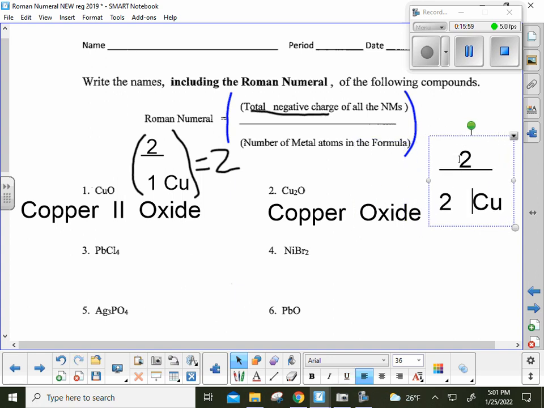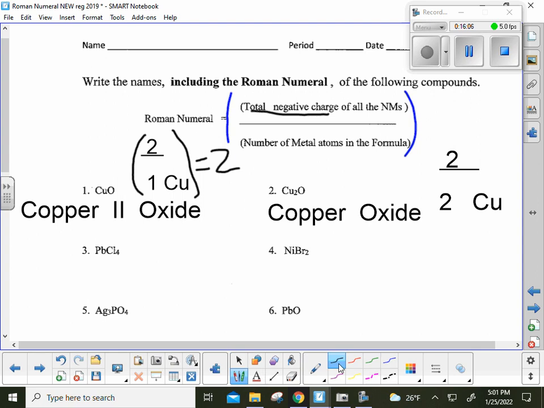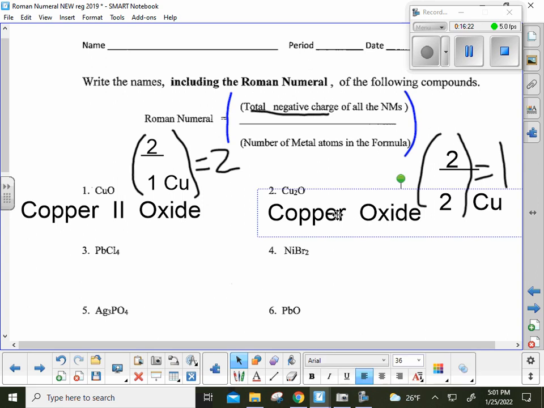And if you look at 2 over 2, what does that give you? Look at the overall, what's 2 over 2 equal? The fact that there's 2 negatives over 2 coppers, that equals 1. So this time, when you have 2 coppers, you're going to be copper 1 oxide.